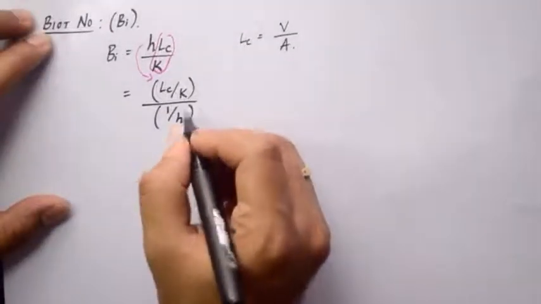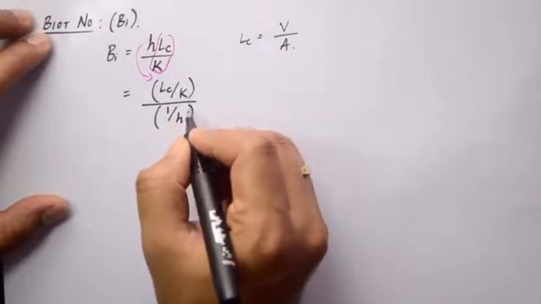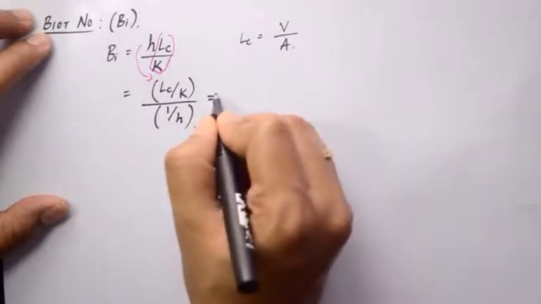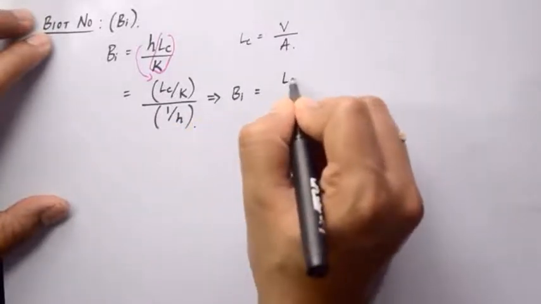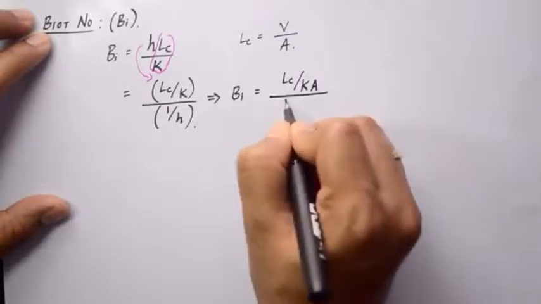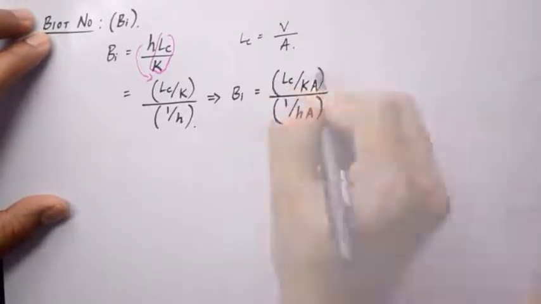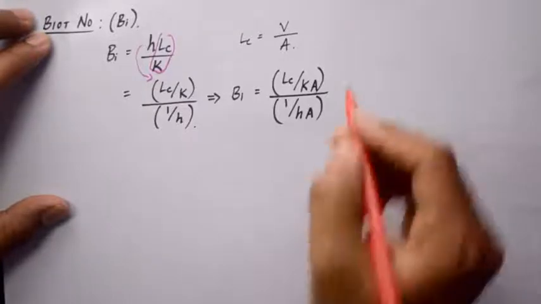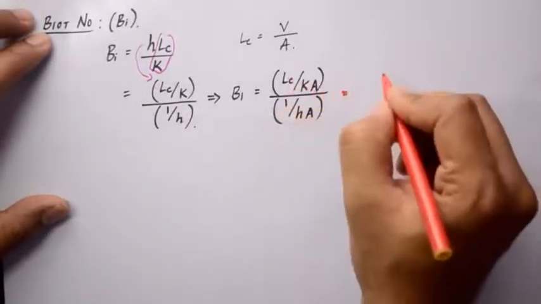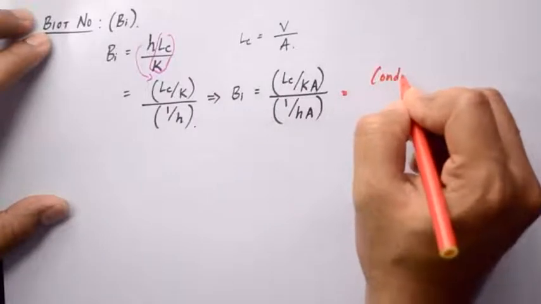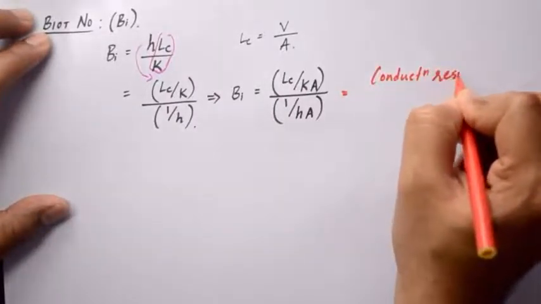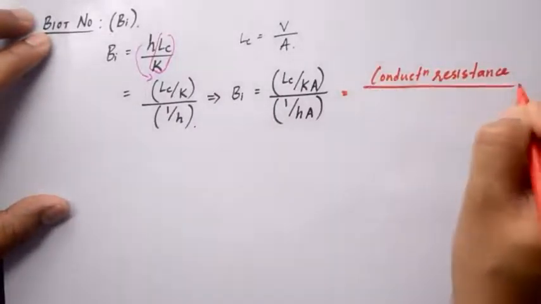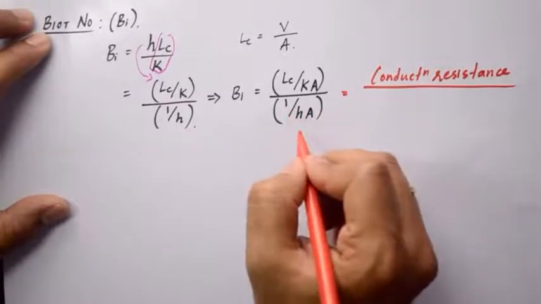If you multiply the numerator and denominator by 1 by A, we get the following. Now it is clear, when we rearrange these terms, we get two different terms. The numerator Lc by kA can be called the conduction resistance, divided by 1 by hA, which is the convection resistance.